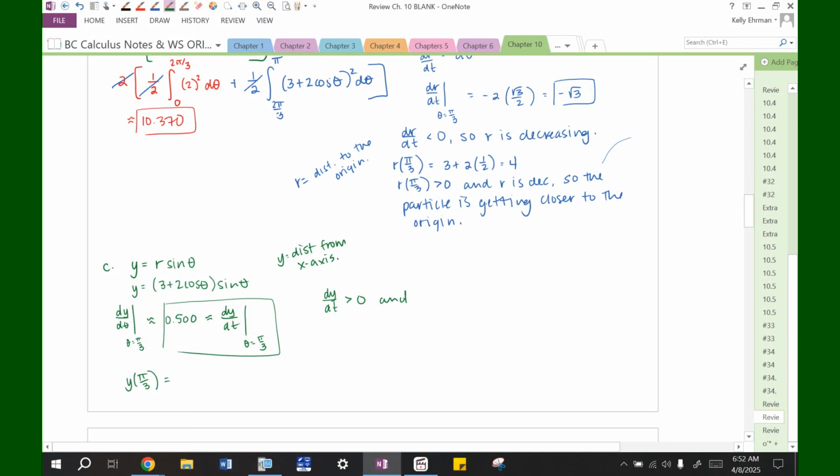That's equal to, so let's see, 3 plus 2 times cosine of pi over 3 times radical 3 over 2. That's all positive, right? So y of pi over 3 is greater than 0. So you have a positive y value, and the y values are just going to increase after that point. So the particle is moving away from the x-axis.